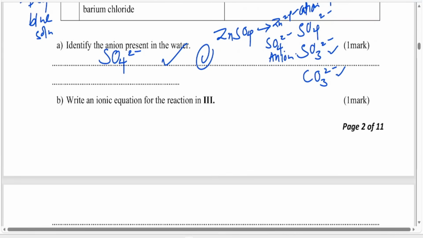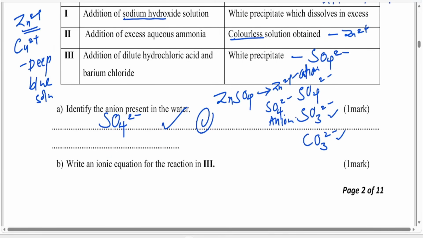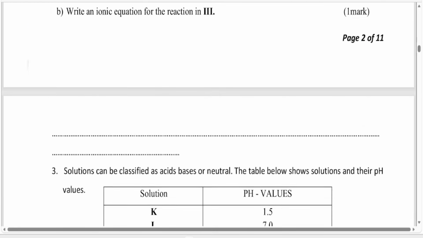Next question, write an ionic equation for the reaction in step 3. Step 3, that is where we were adding barium chloride. So we expect there to be a precipitation between the barium and the anion present in that particular solution. And we have just concluded that the anion present in that given solution is sulfate. And therefore, we write the ionic equation.